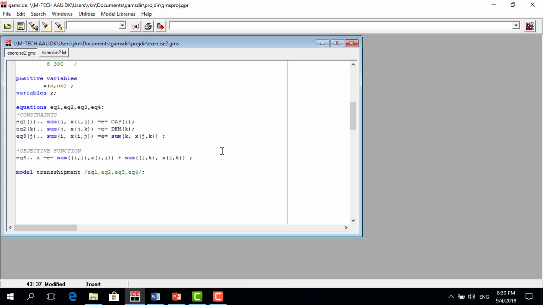Otherwise, for example if you have many equations, instead of writing them one by one, we can put all here. And we need to put solve transshipment using LP, because here we don't have integer variables, as it is linear programming. The goal is minimizing z.